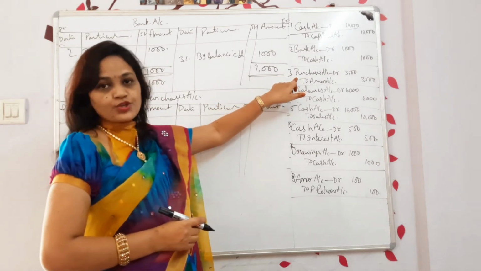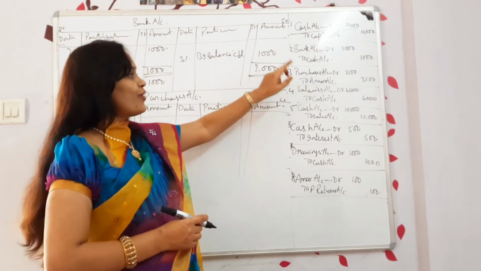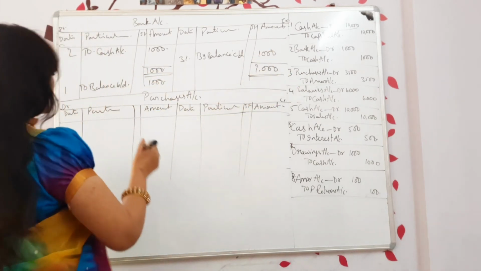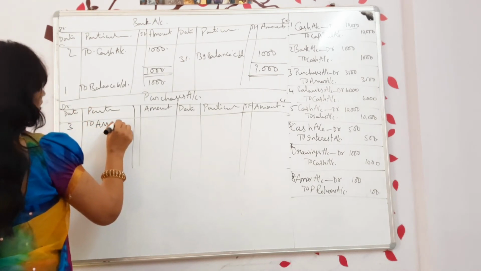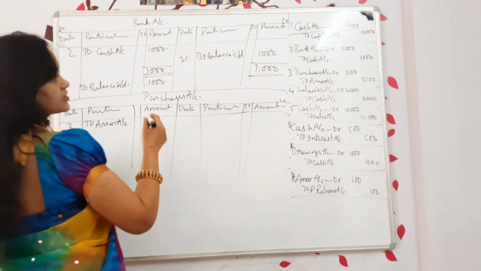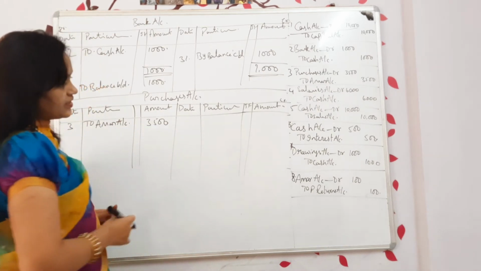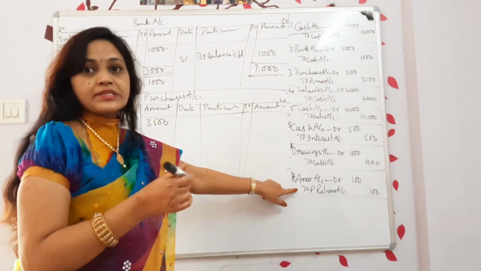In the third transaction, is it the debit side or credit side? It is the debit side. So again write down on the debit side, on third, to Amar account. What is the amount? 3,500. Is there any other place you can find the word purchases? Here there is purchase returns.